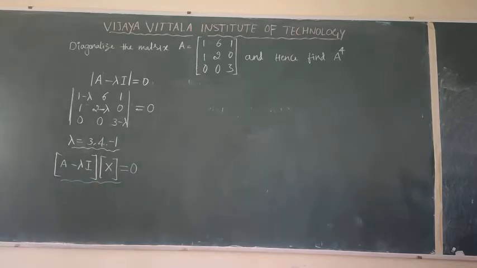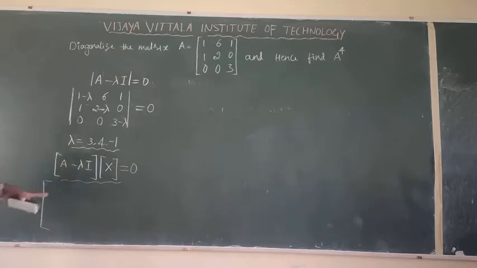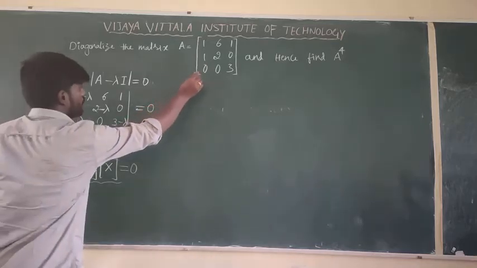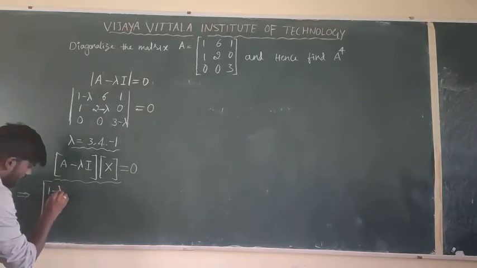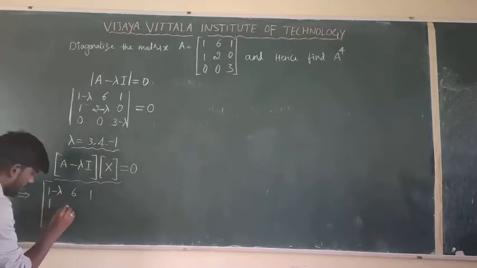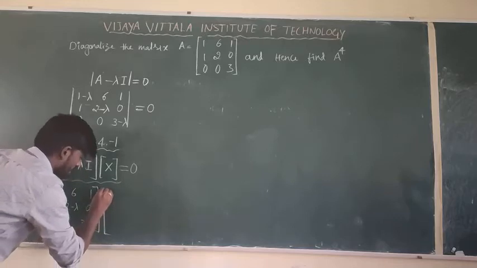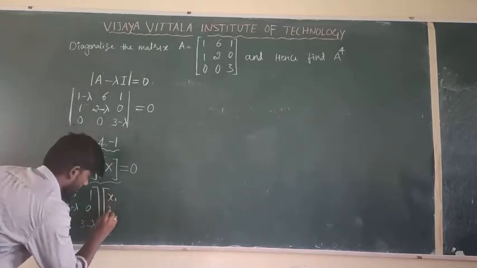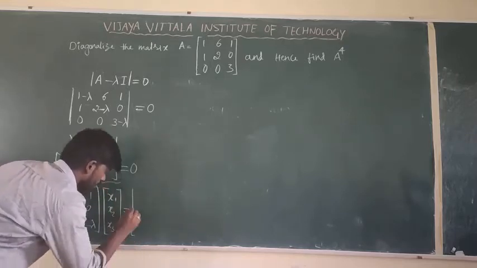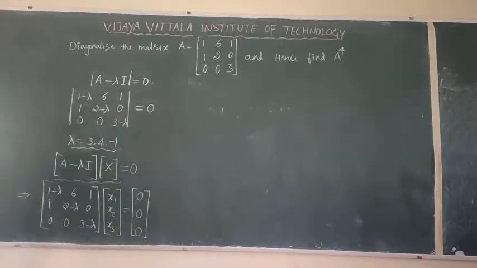This is used to find the eigenvectors corresponding to the eigenvalues. Applying it to this matrix, we get [1 minus lambda, 6, 1; 1, 2 minus lambda, 0; 0, 0, 3 minus lambda], and here X is the column matrix containing 3 unknowns x1, x2 and x3, which equals the zero column vector of order 3. This is equation 1.